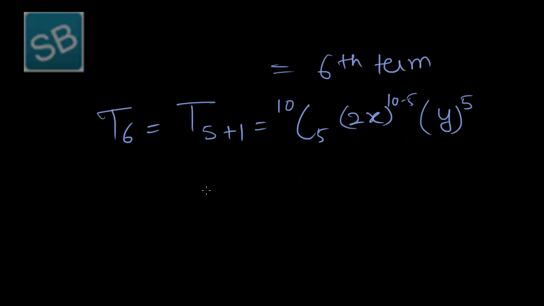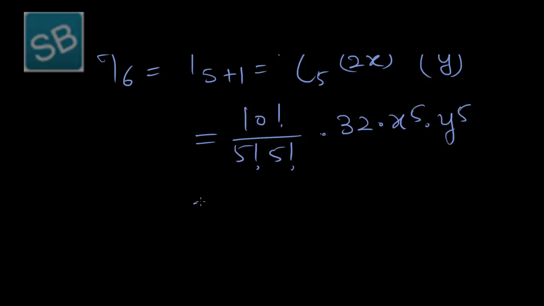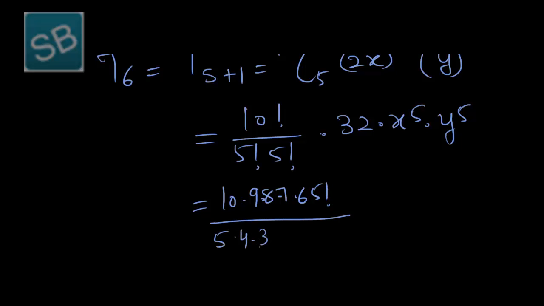So we get 10 factorial over 5 factorial into 5 factorial, 2 raised to power 5 is 32, x raised to power 5, y raised to power 5.